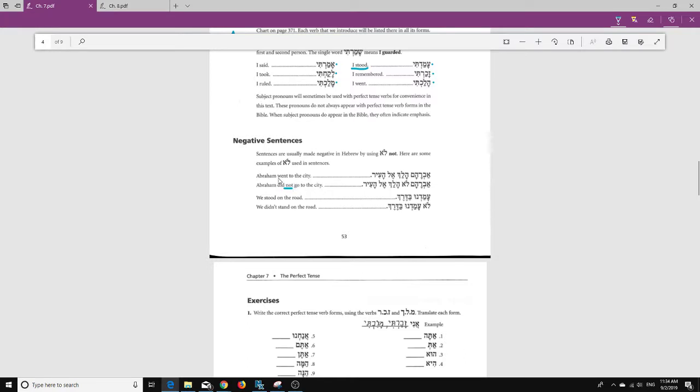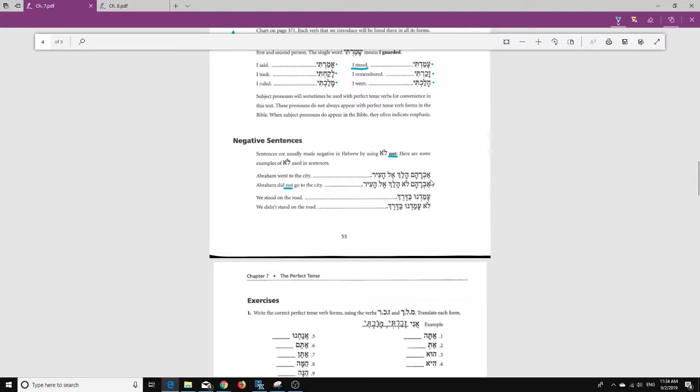Now remember, in the perfect tense, we could translate this as Abraham did go to the city, and that's what they're doing in the second case. So remember, we have some flexibility with the perfect tense. In English, that's how we negate things, with not.